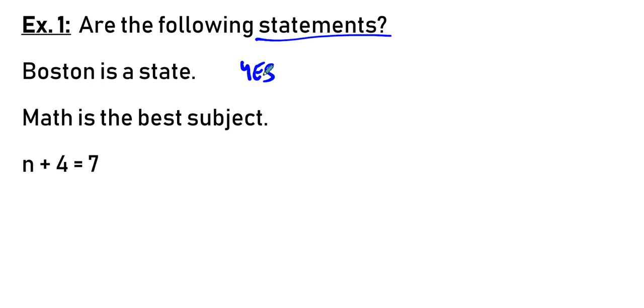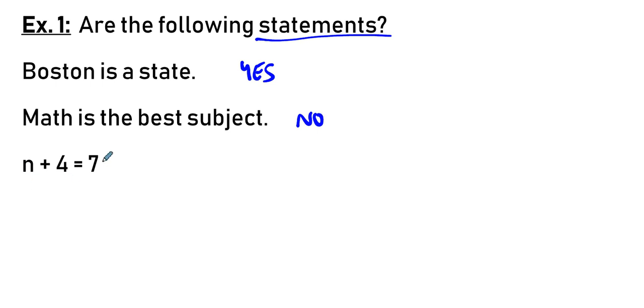Math is the best subject. Well, that's a matter of opinion. For some people, they say, yes, that's completely true as written. For some people, they say, no, that's completely false as written. And because there is not agreement, that is not a statement. It is a sentence that expresses opinion.